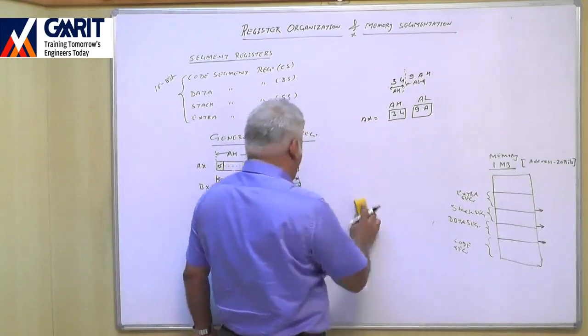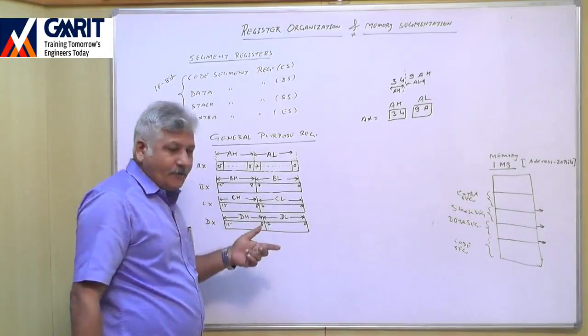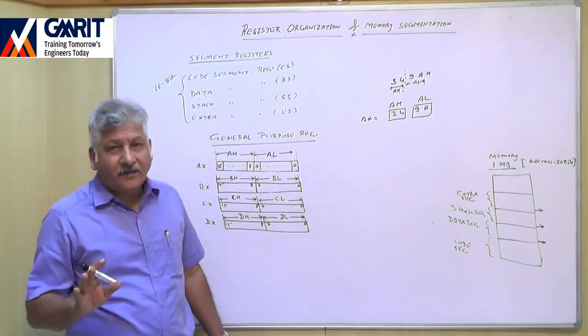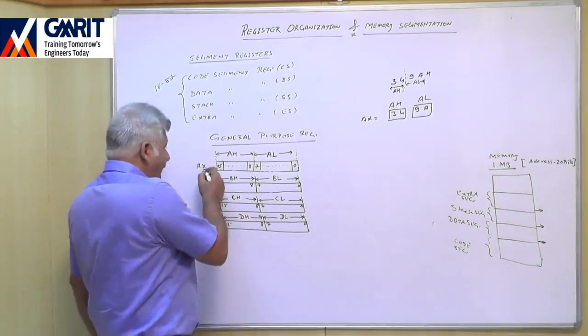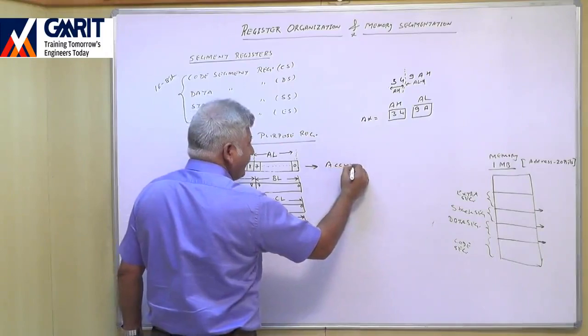The same thing is applicable for all of these 4 registers. These are general purpose registers, but they have some special purposes also. Register AX is also called the accumulator.